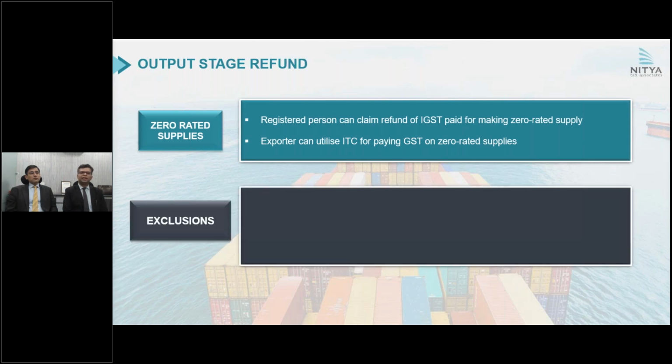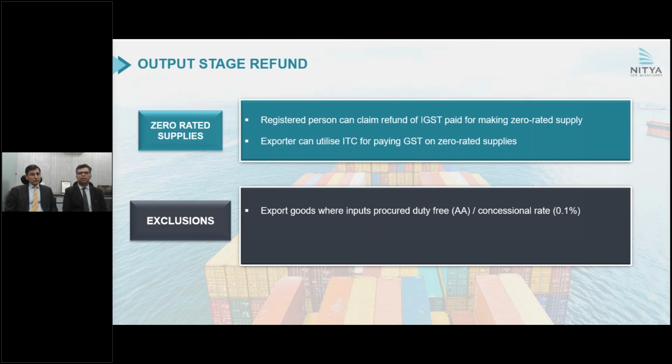Exclusions. In what cases can an exporter not claim refund at output stage? Firstly, if an exporter has made some procurements on which he has not paid duty, let us say he has made procurements under advance authorization, or he has made procurement at a concessional rate of 0.1%.